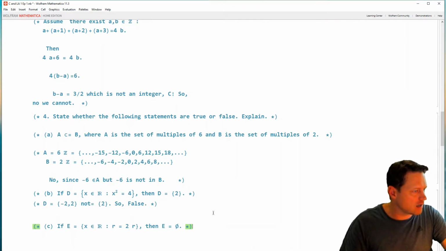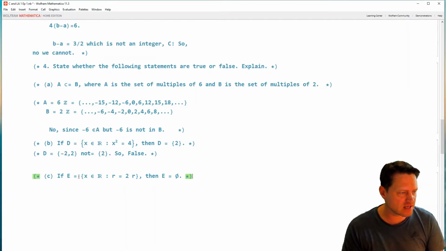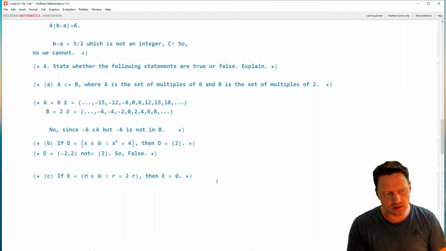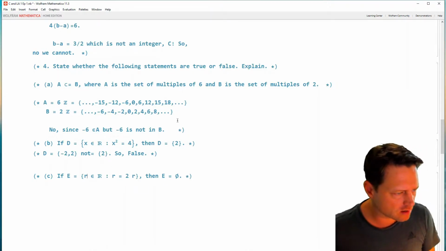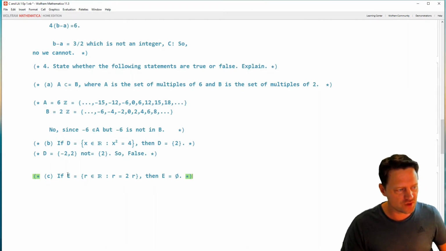Now the question C says if the set E is equal to the set of all real numbers such that R is equal to 2R, and actually this should be the set of all real numbers R such that R is equal to 2R, then E is equal to the empty set. Okay, well, let's restate what the set E is, right?